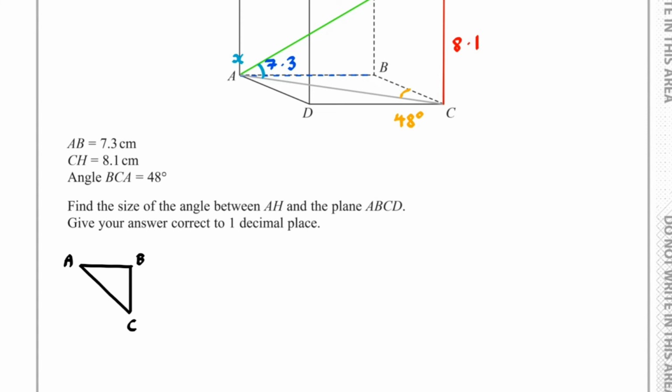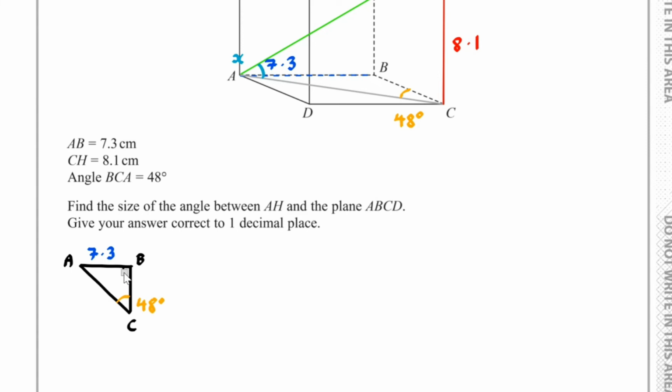And what I know is AB is 7.3. BC I don't know yet. I've got 48 degrees here. I've got a right-angled triangle. So from this I can find out what AC is.